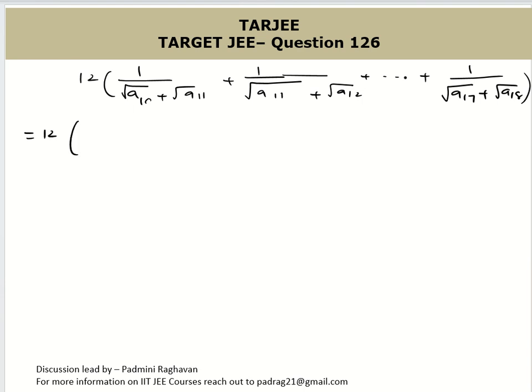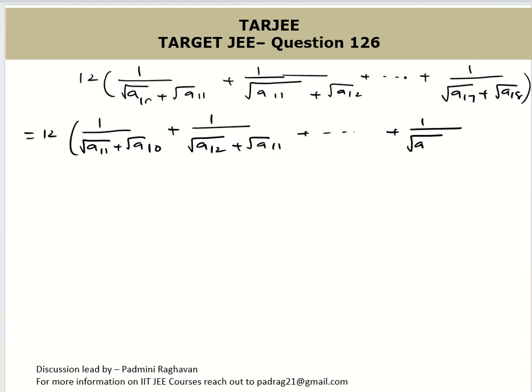Let us rewrite this with the bigger number first, root A11 plus root A10, so that you will have A11 minus A10 which can be written as D. Instead of writing it as minus D, this would be better. Root A12 plus root A11 and so on. The last term is going to be 1 by root A18 plus root A17. Multiply and divide by the conjugate.